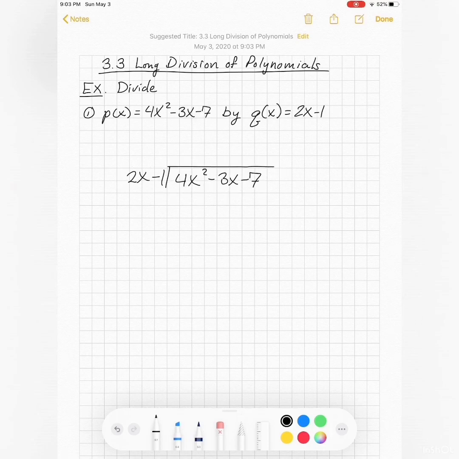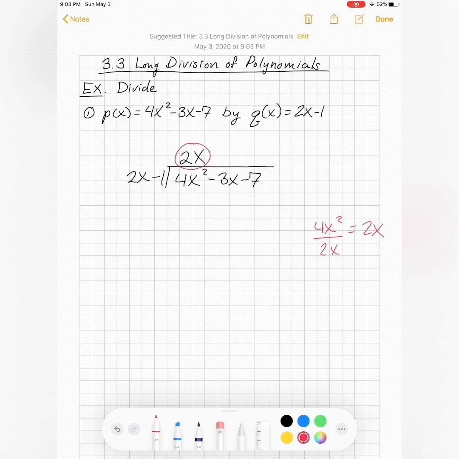Okay, then here's what I'm going to do next. I'm going to say, what happens if I divide the lead term inside by the lead term outside? So I'm finding what is 4x squared divided by 2x. It's 2x, right? So that goes here. That's step one.